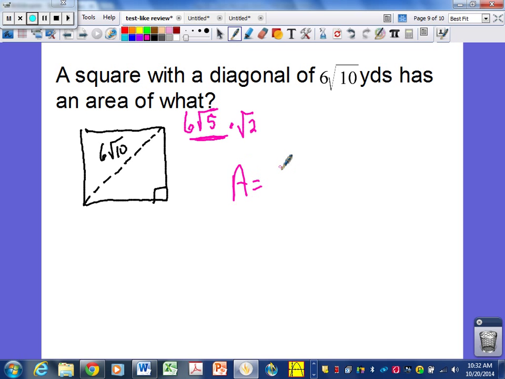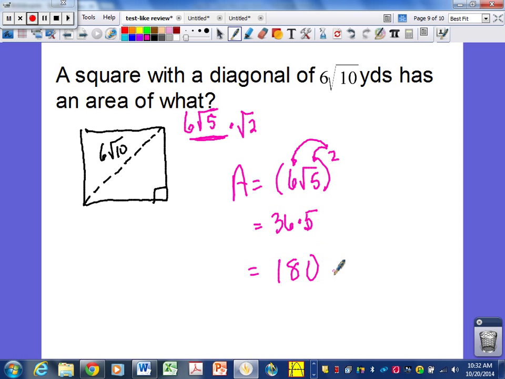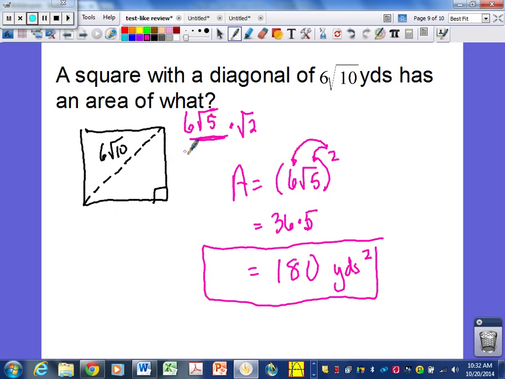So the area for my square is 6 root 5, which is the leg, squared. So I distribute the square, because I don't have a plus. 36 times 5 is 180 square yards. Okay, remember the hypotenuse is the leg times the square root of 2. So this is going to be your leg length, 6 root 5, because this times this is 6 root 10.